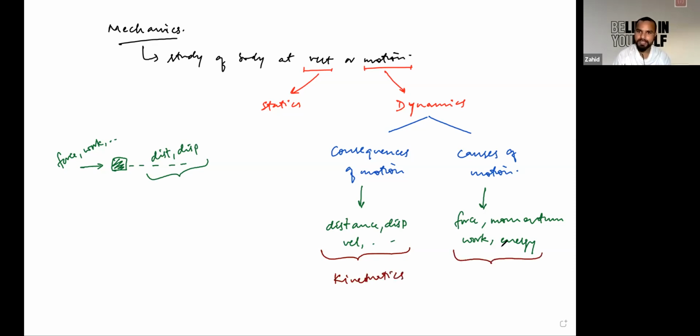And this entire part, that is causes of motion, is called proper dynamics. So your chapter number 3 and chapter number 4 mainly deal with just kinematics in one dimension, and the whole of your 11th class will define nothing but proper dynamics.